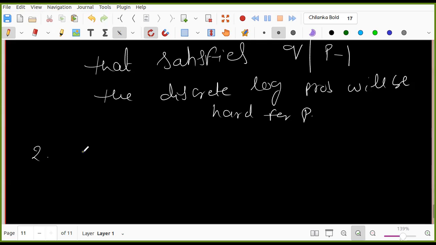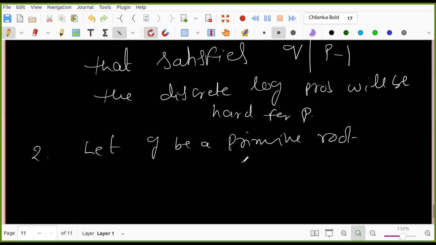Second one: let G be a primitive root modulo P. Now here the modification comes.